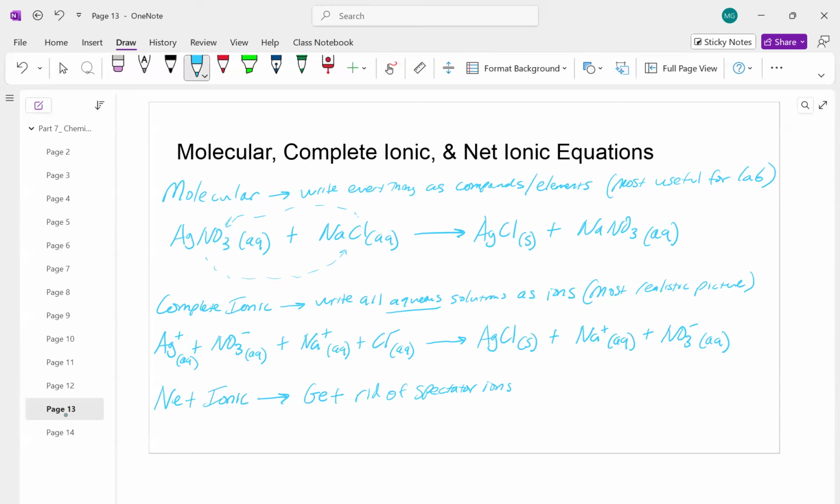No, if you're just watching the game. It's the same thing with ions. Spectator ions are not participating in the chemical reaction. The way you find spectator ions is it's the same ion on the left and right side. The benefit is this tells us exactly what is reacting.